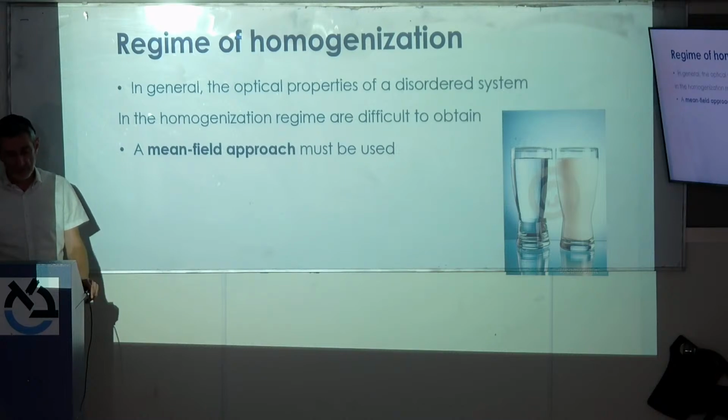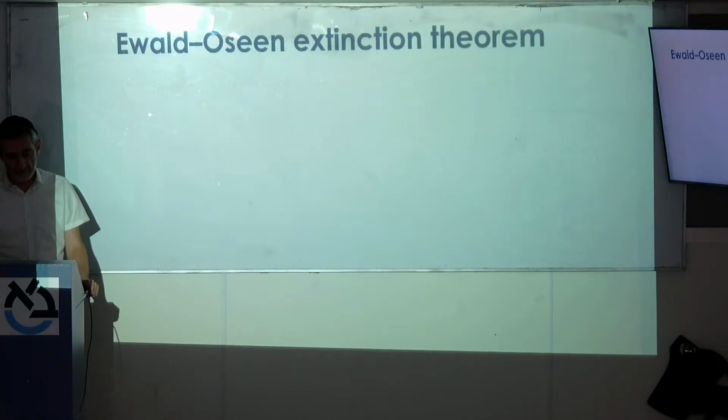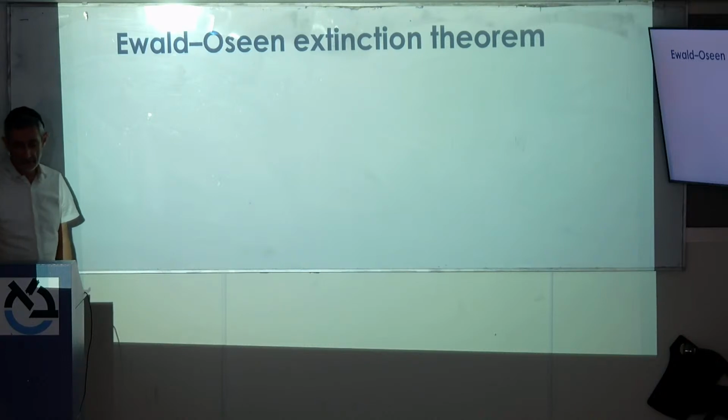And I want to finish with a very nice theorem. It's called the Ewald-Oseen extinction theorem, also simply called the extinction theorem. From this theorem, you can derive the simple laws of optics, and especially the concept of refractive index in this system.